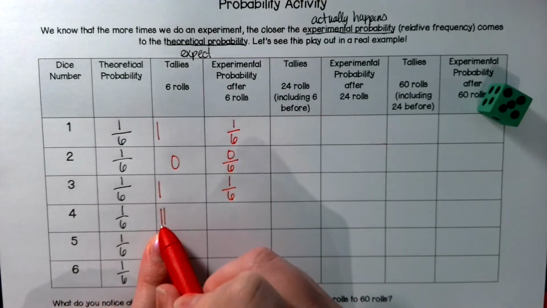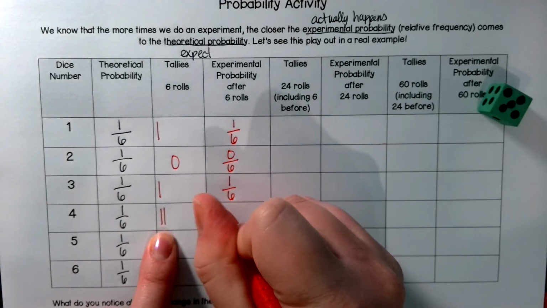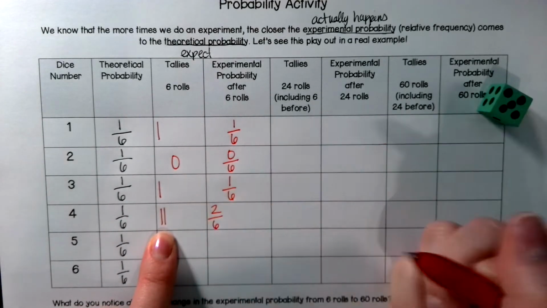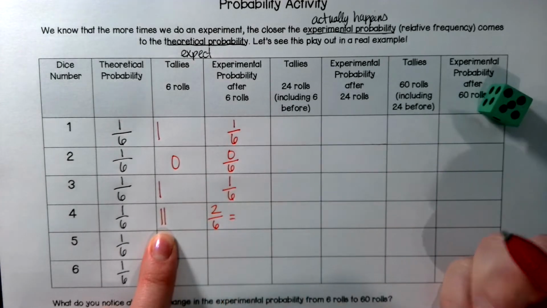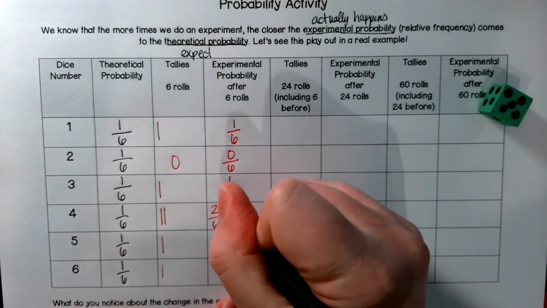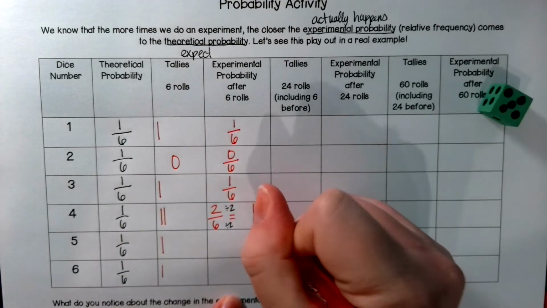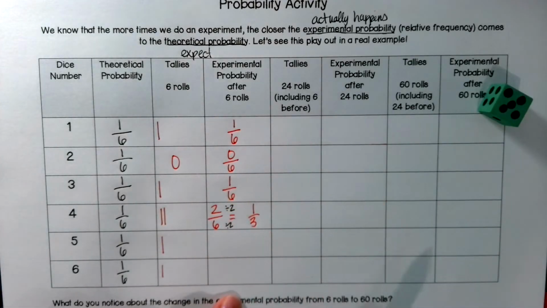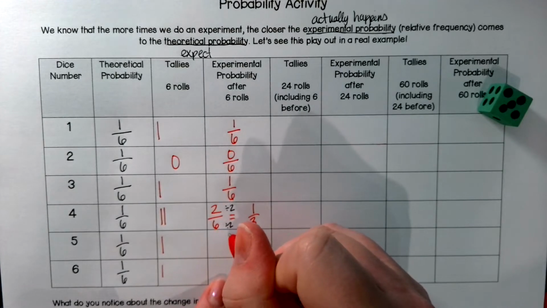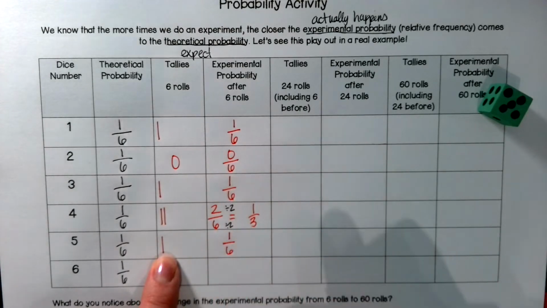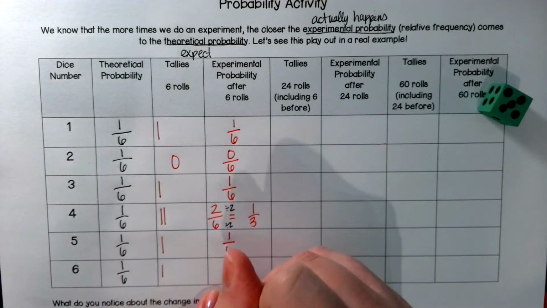I rolled a 4 two times, so that's 2 out of 6 rolls, which simplifies if I divide both by 2. I get 1/3 for the probability of rolling a 4. A 5 was 1 time out of my 6 rolls, and then a 6 was 1 time out of my 6 rolls.